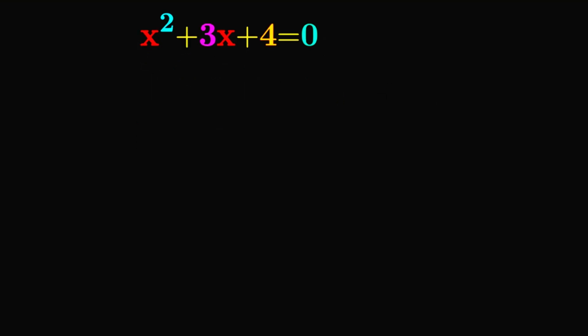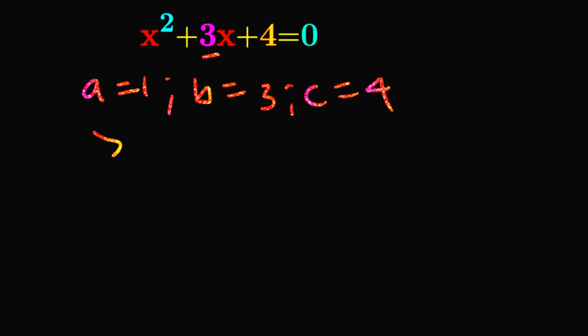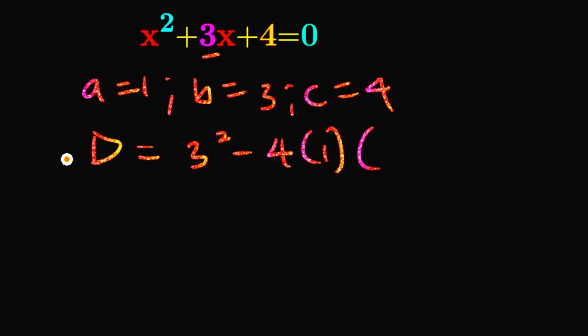In example 2, we have x squared plus 3x plus 4 equals 0. Here, a is 1, b is 3, and c is 4. The discriminant will be b squared, so 3 squared minus 4 times a, which is 1, times c, which is 4. 3 squared is 9, minus 4 times 1 times 4, that is 16.